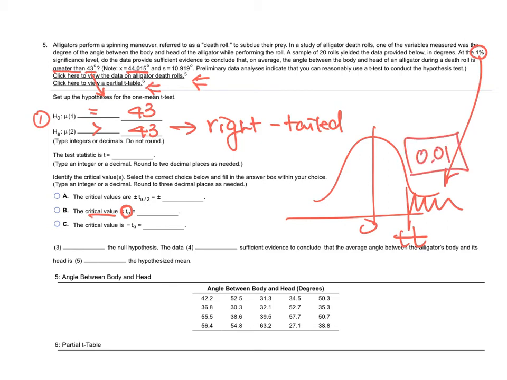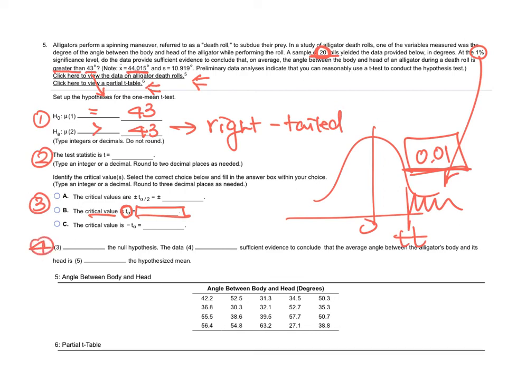And how many degrees of freedom? Yeah, here's a 20. The degree of freedom will be 19. So go to the column with probability 0.01 and degree of freedom 19, then you can take the critical value. Comparing the test statistic and the critical value, you can make the decision.